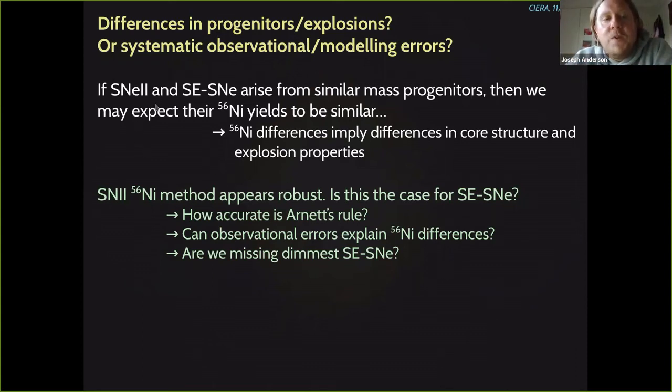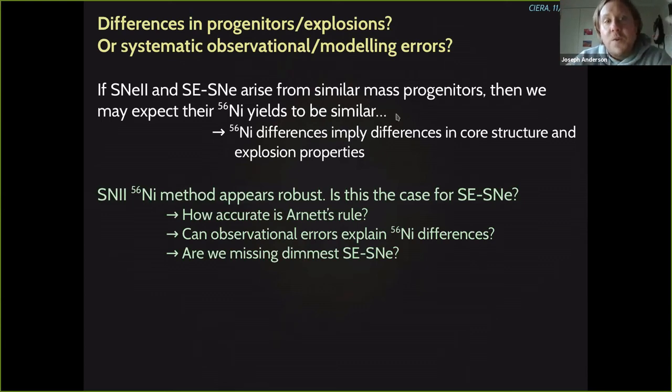If type 2 and stripped envelope supernovae arise from similar mass progenitors, then we may, I say may, expect the nickel 56 yields to be similar. I'll come back later to why this may not be the case, but this is probably the naive, somewhat ignorant view, and this is what I was thinking back in 2009, when I published this paper.